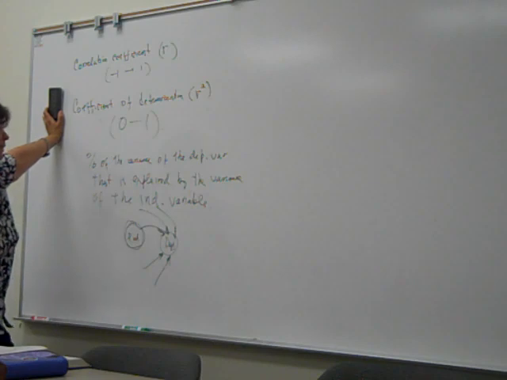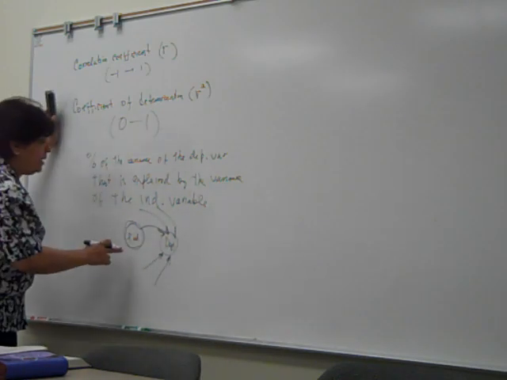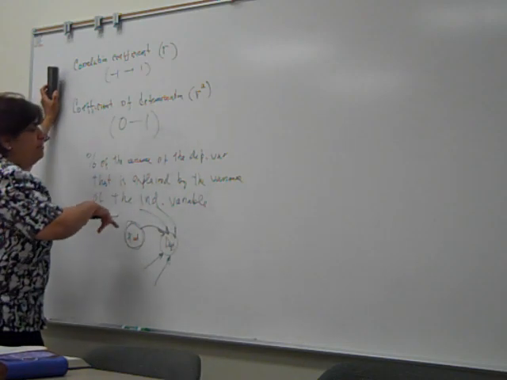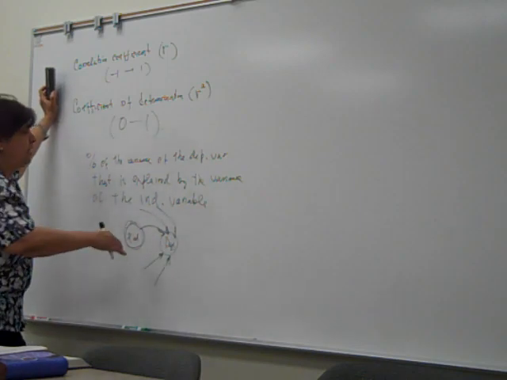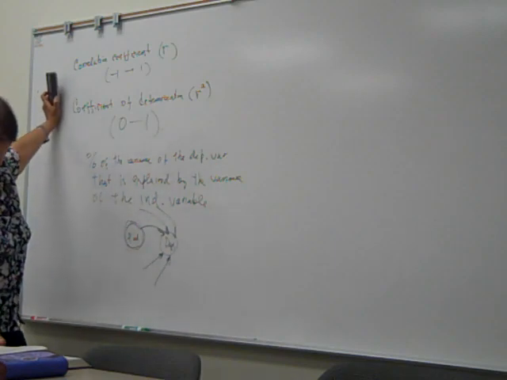For example, sales. Sales is my dependent variable, and my independent variable might be advertisement. Advertisement might influence sales, but not everything depends on advertising. There are many other factors involved.